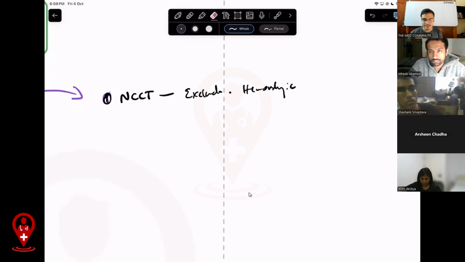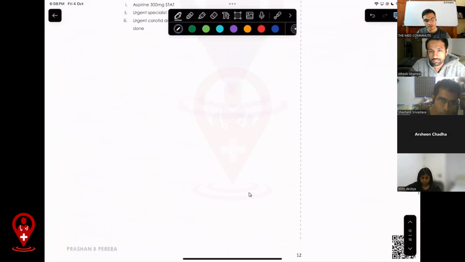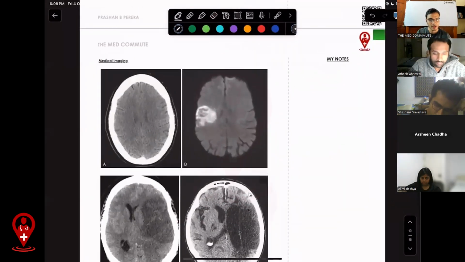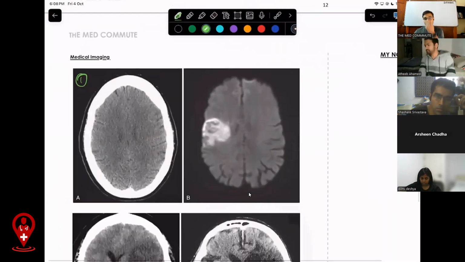So what we see, guys, initially when you do an NCCT in an ischemic stroke, I have put a picture for you all. Let's go to those diagrams. Yeah, there we go. 90% of the time, this diagram, number 1, is a normal CT.